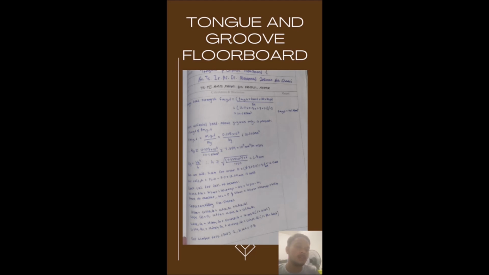Okay, for page number 4, we got the design strength, also known as fm,y,d. The value of fm,y,d is 14.1 Newton per millimeter square. And then we must calculate the fm,y,d. The formula to get fm,y,d is My,d divided by Wy.